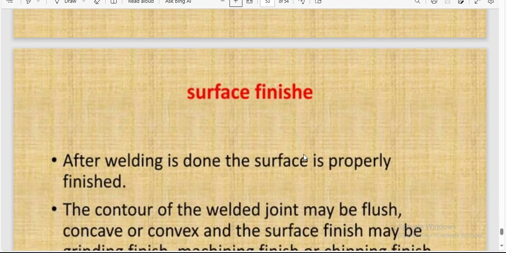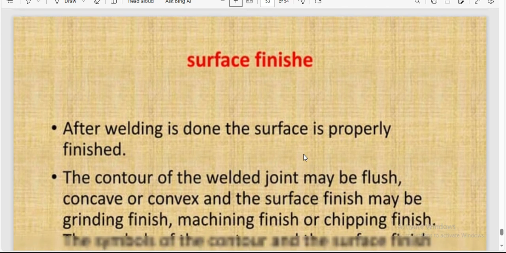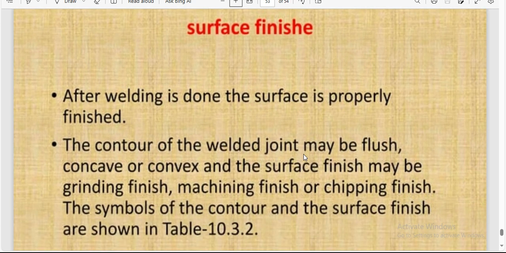The others also mention surface finish. After welding is done, the surface is properly finished to make the surface of the joint material shining. This process is known as the surface finishing process.